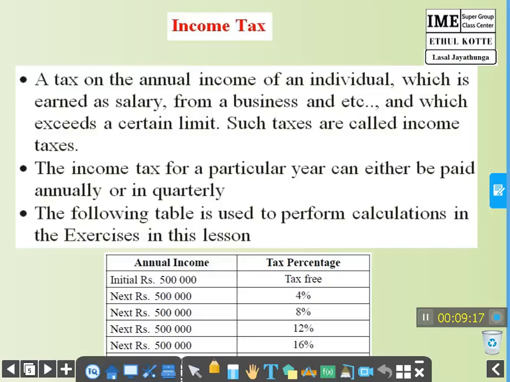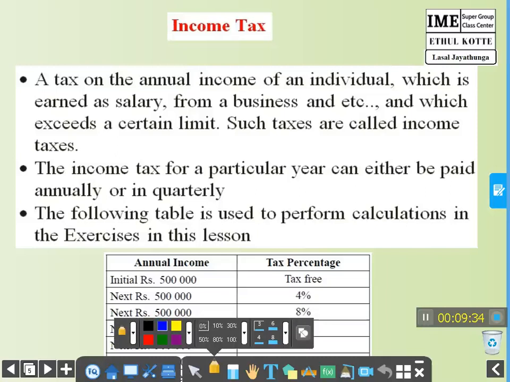The tax on an annual income of an individual, earned as a salary or from a business, etc., which exceeds a certain limit, is called income tax. So this is important: it must exceed a certain limit.